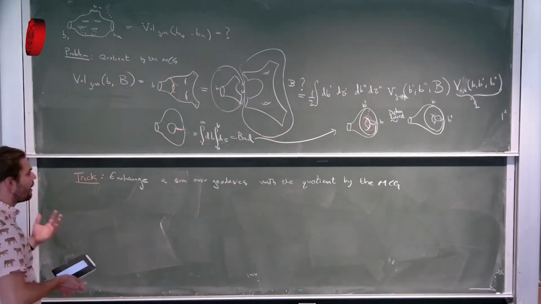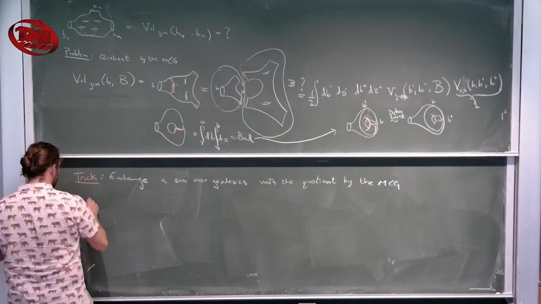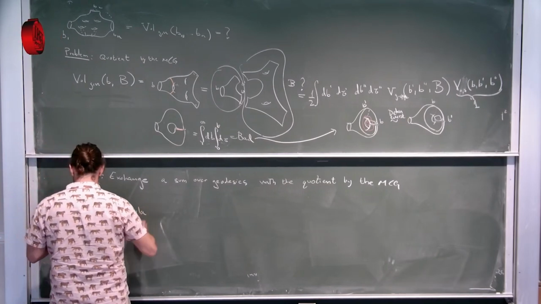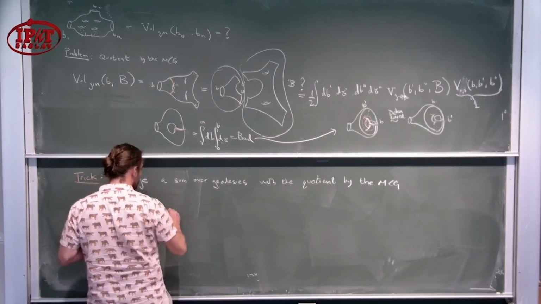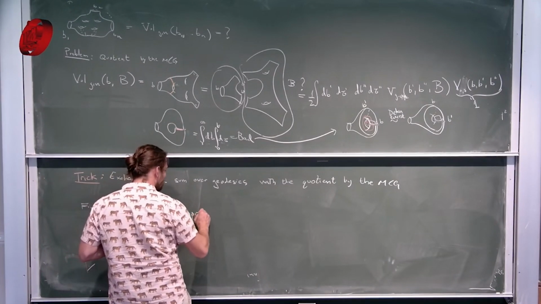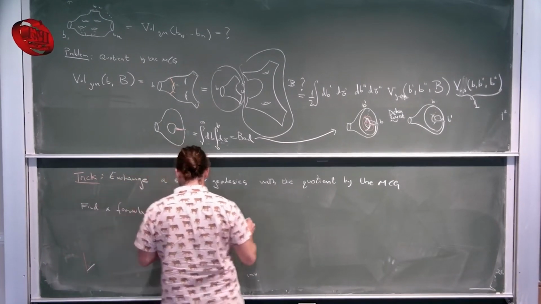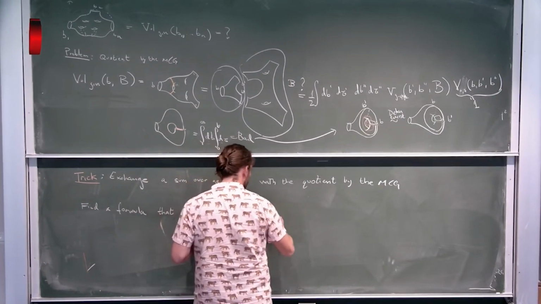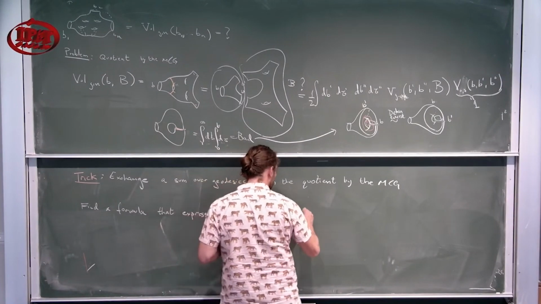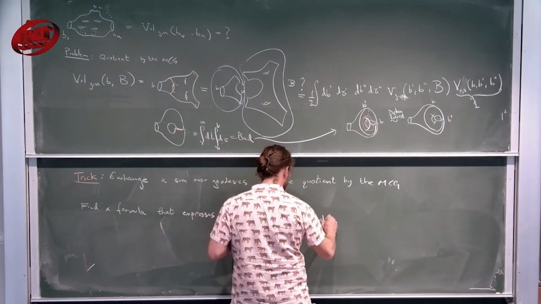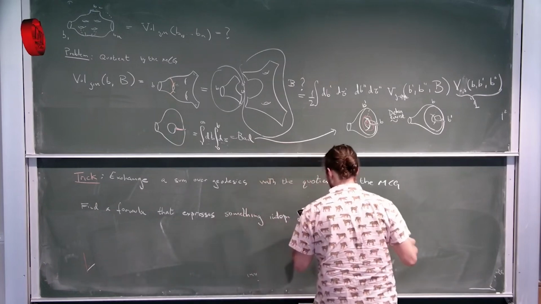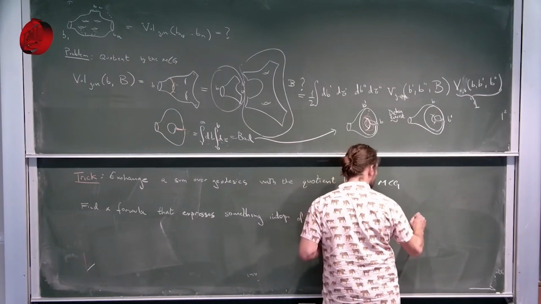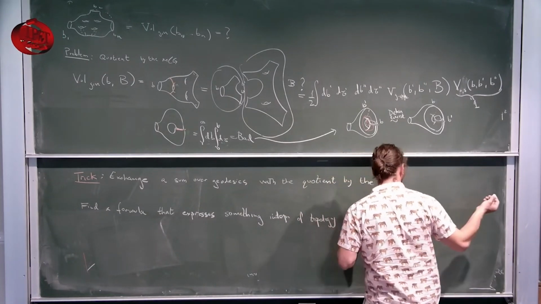So we somehow have to find a formula that expresses something that is independent of topology in terms of a sum over all geodesics.